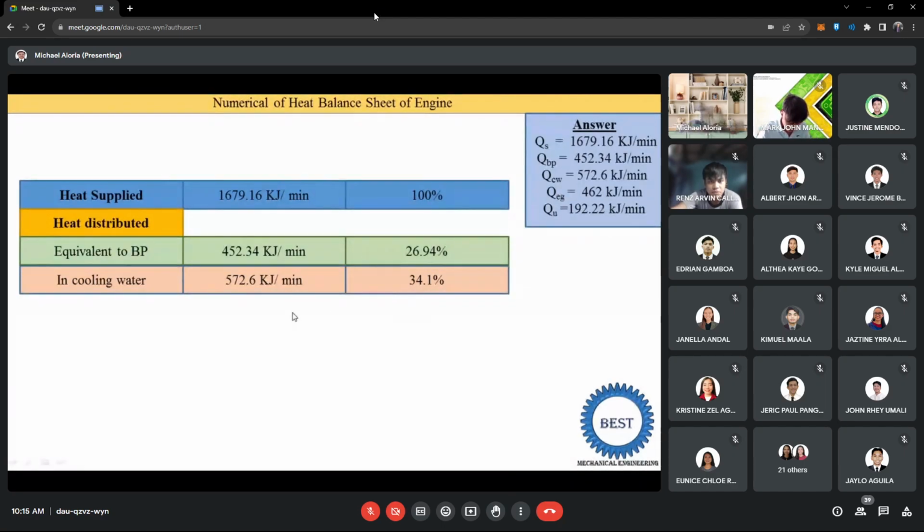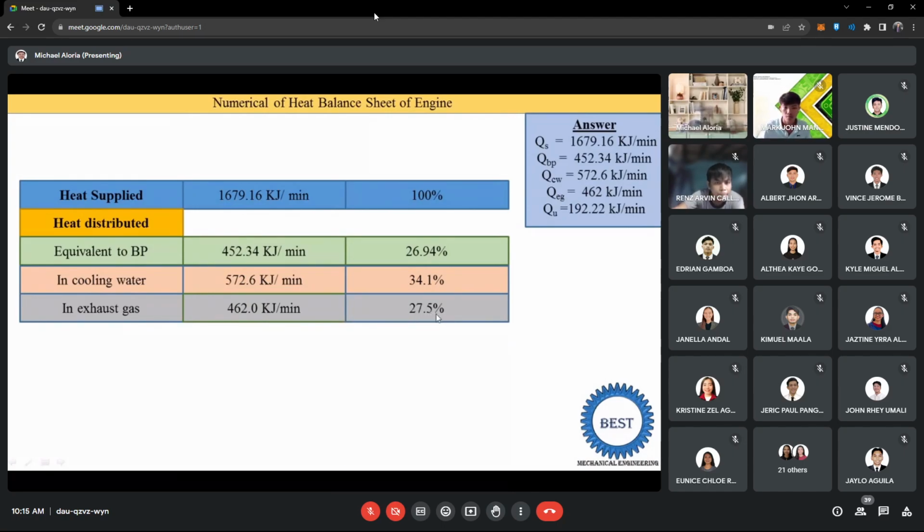Now next we find how much energy goes to the exhaust gas. In the exhaust gas it is 462. So 462 divided by 1679.16, then we get the answer 27.5. Means out of 100, 27.5% energy goes to the exhaust. And the last one is the unaccounted.